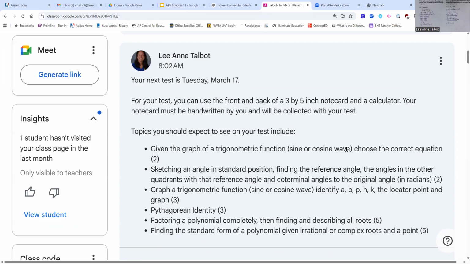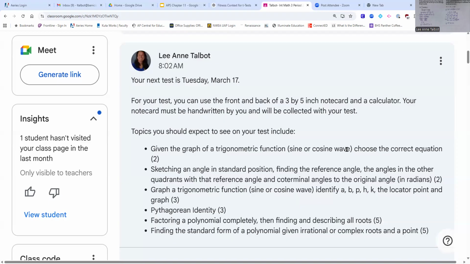Graph a trigonometric function. A trigonometric function is a sine or cosine wave. Identify A, B, H, K, the locator point, and graph. Pythagorean identity. You know what that is? A squared plus B squared equals C squared, the right quadrant, all that.